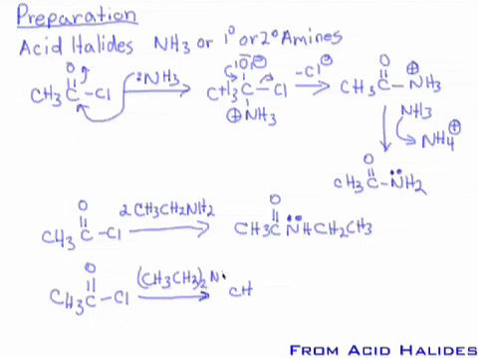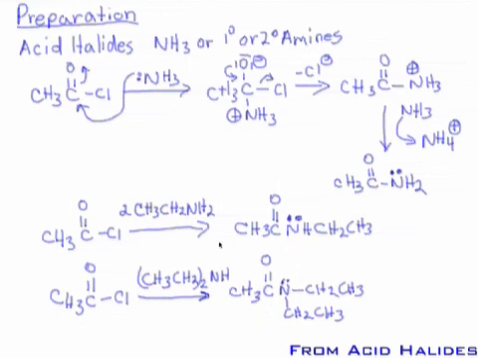If we use 2 equivalents of it, we'll produce the amide with 2 ethyl groups off of it. And that would be an N-diethyl ethanamide.